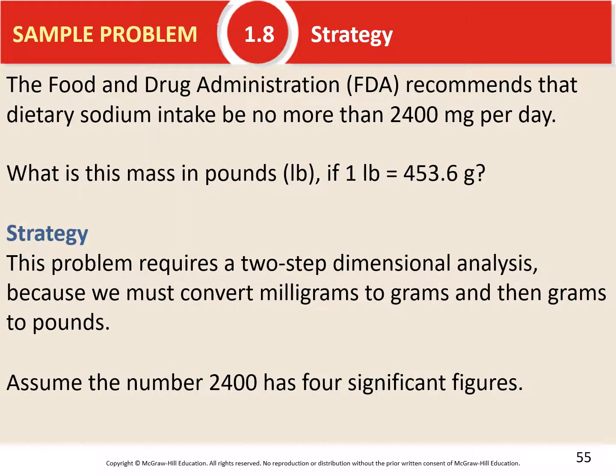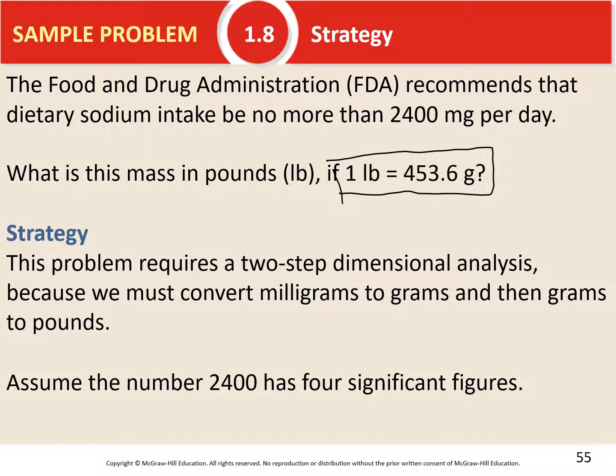So, sample problem. The Food and Drug Administration recommends that dietary sodium intake be no more than 2,400 milligrams per day. What is the mass in pounds if 1 pound equals 453.6 grams? So I have a relationship between pounds and grams.